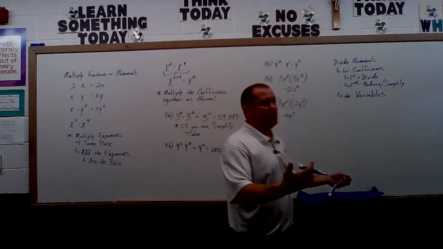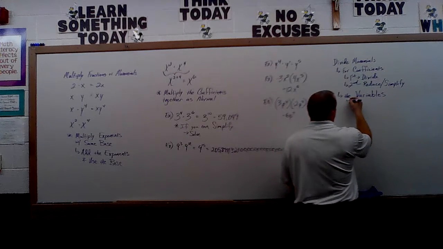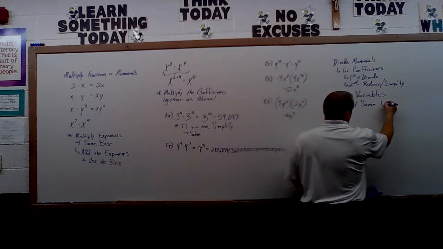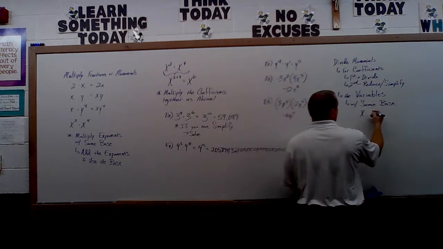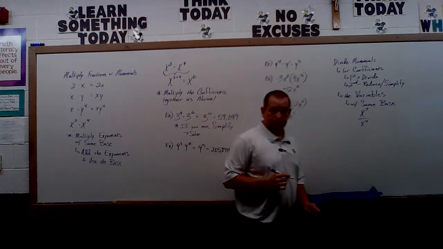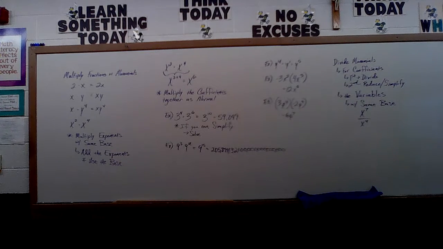Now, if that confused you, another way you can think about this for the variables with the same base is if I had x to the 7th over x to the 4th. So yesterday we talked about just eliminating the same number of x's on the top as we do on the bottom.